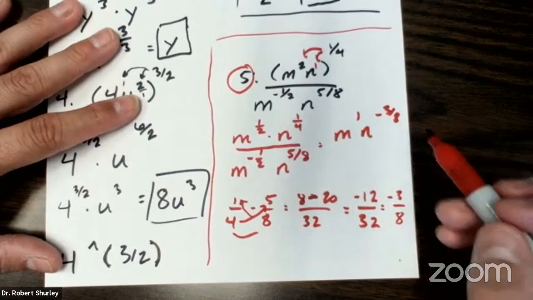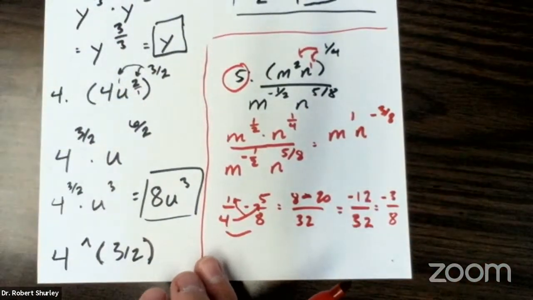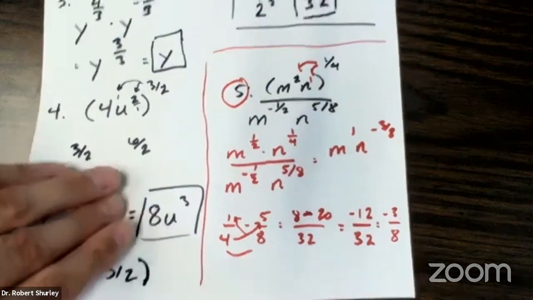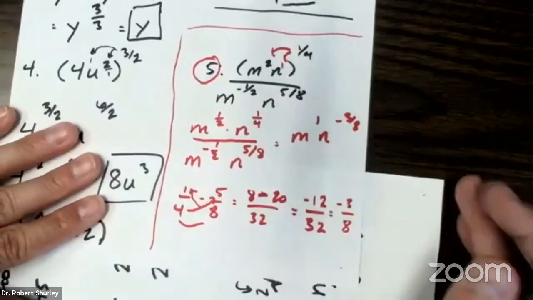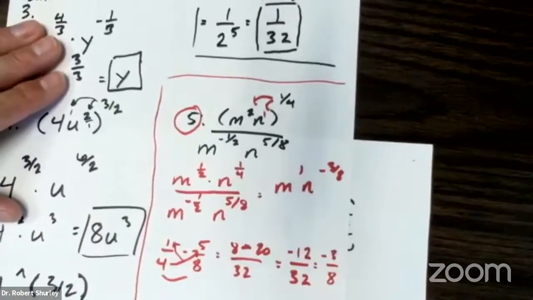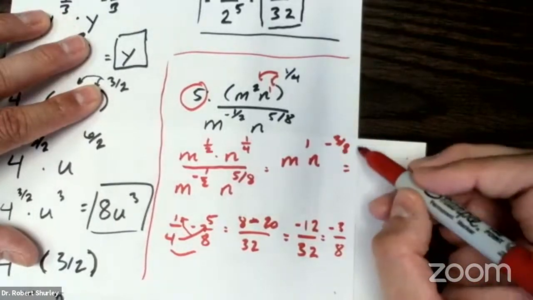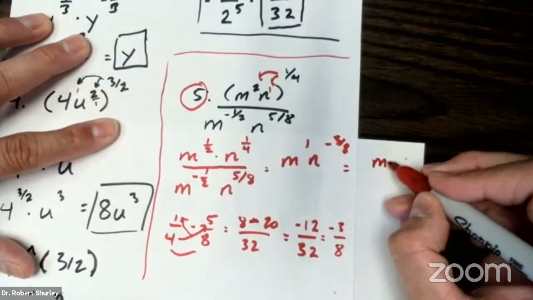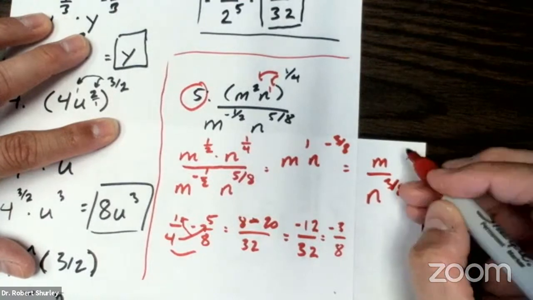And now I've got nowhere to put my answer. Okay, hold on. Let's sneak a little extra room over here. Look at that. So therefore, this would equal, now I've got to move the negative down to the denominator. So it's m over n to the positive 3/8.